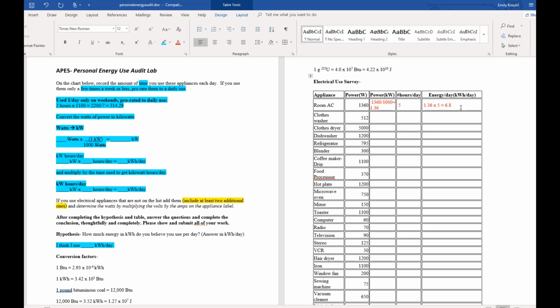Okay. We already did the coffee maker, right? We said we used it 2 hours a day, so that was 314.29 watts, which was, what was it?